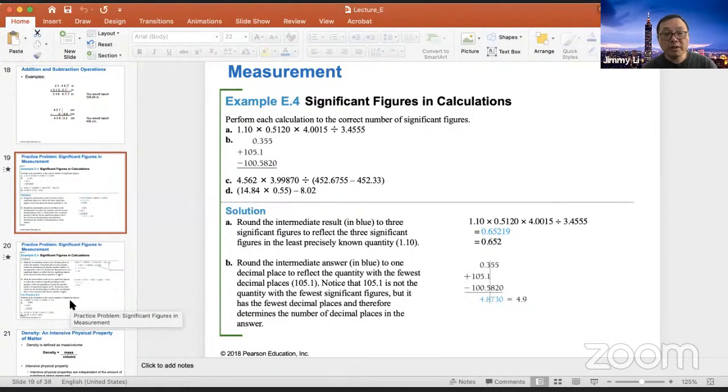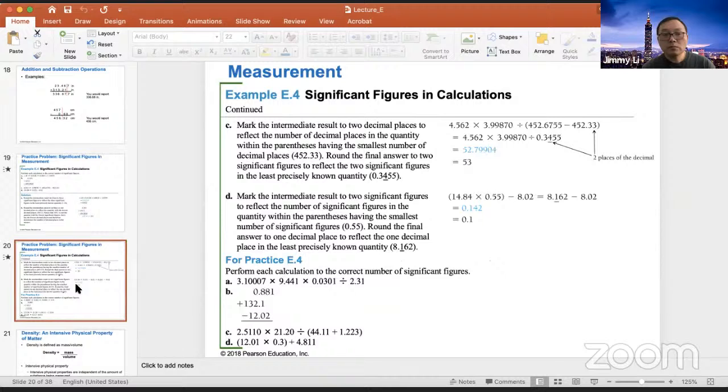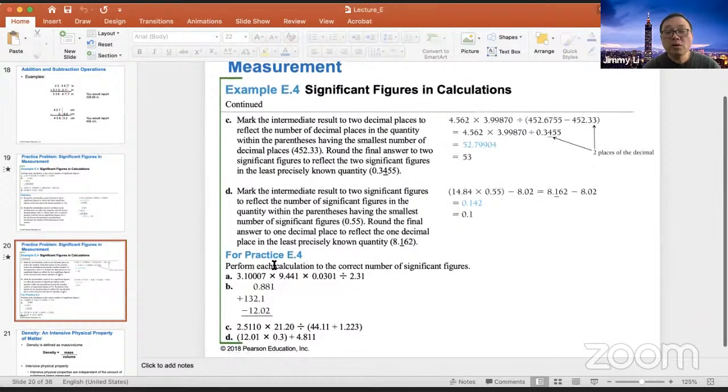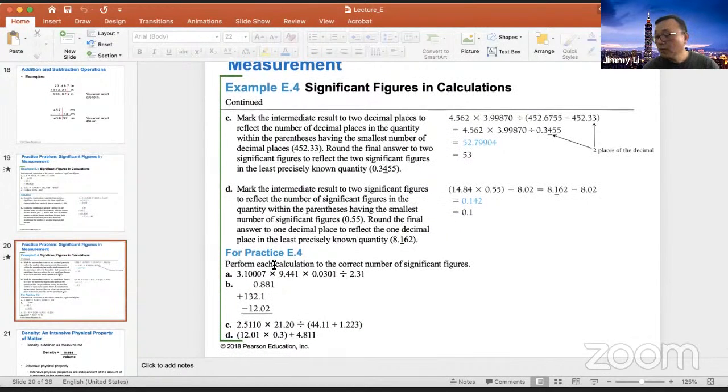Now move on to another example. This is another example for C and D here. Again, whenever you need to, do your operation gradually, slowly here, follow the order, make sure you get your order right.